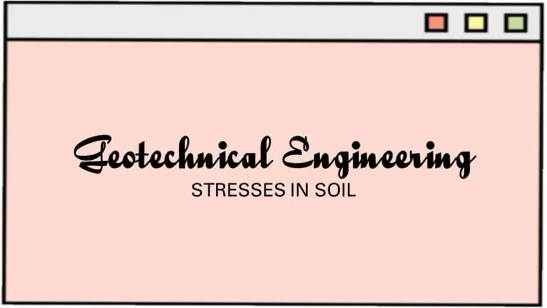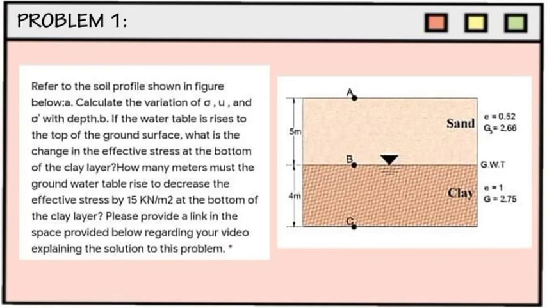So here's our sample problem in geotechnical engineering. Refer to the soil profile shown in the figure below. A, calculate the variation of total stress, pore pressure, and effective stress with depth.